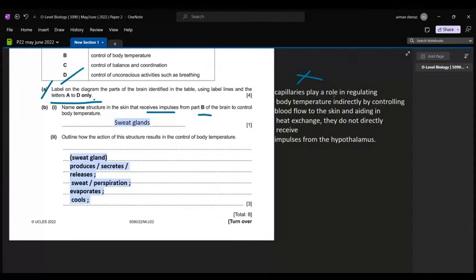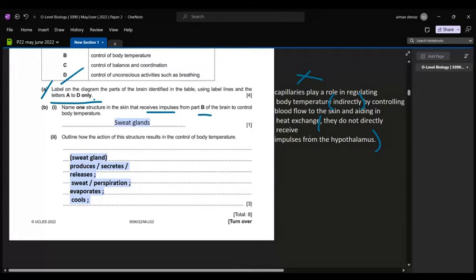Why? Because they indirectly, so this is very important, they indirectly help by controlling the blood flow to the skin and help in heat exchange. They do not directly receive impulses from the hypothalamus. This is a very important thing, and you should know that. Unlike sweat glands or hair erector muscles, they do not directly get the impulses from the hypothalamus. That's why they could not be mentioned here.